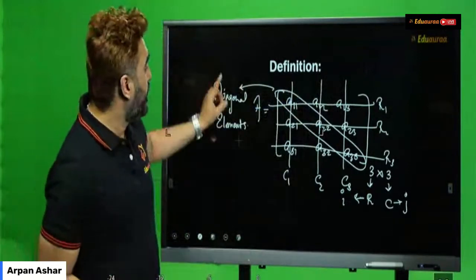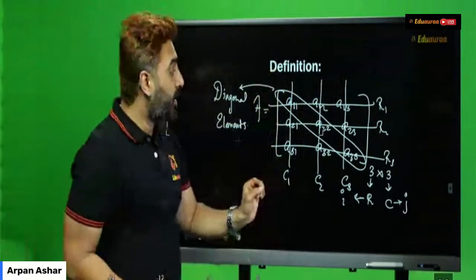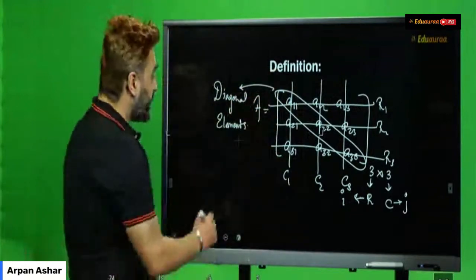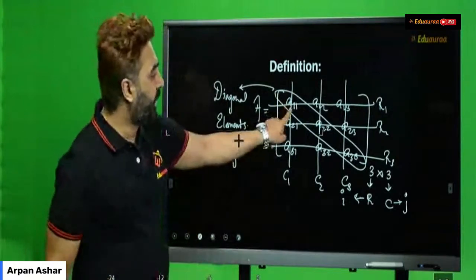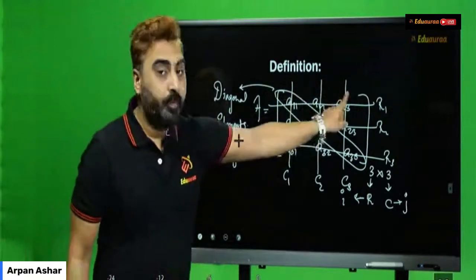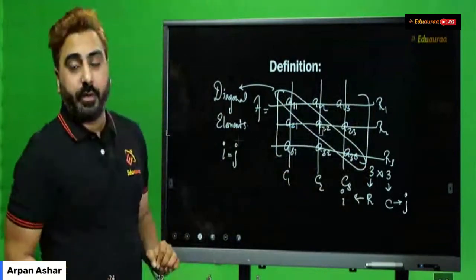So just remember this. What are diagonal elements? Diagonal elements are the elements where the row and column numbers are the same, that is, i is equal to j. That is A11, A22, A33. So this is about the definition of a matrix.